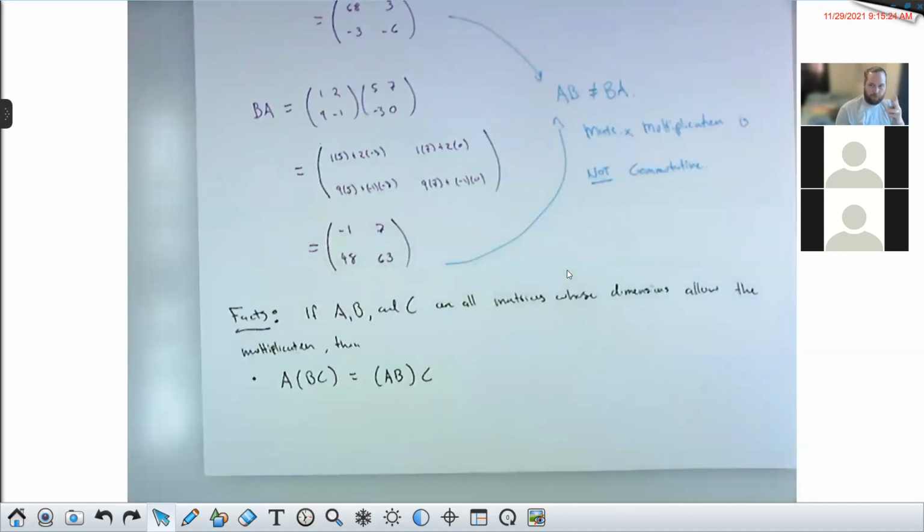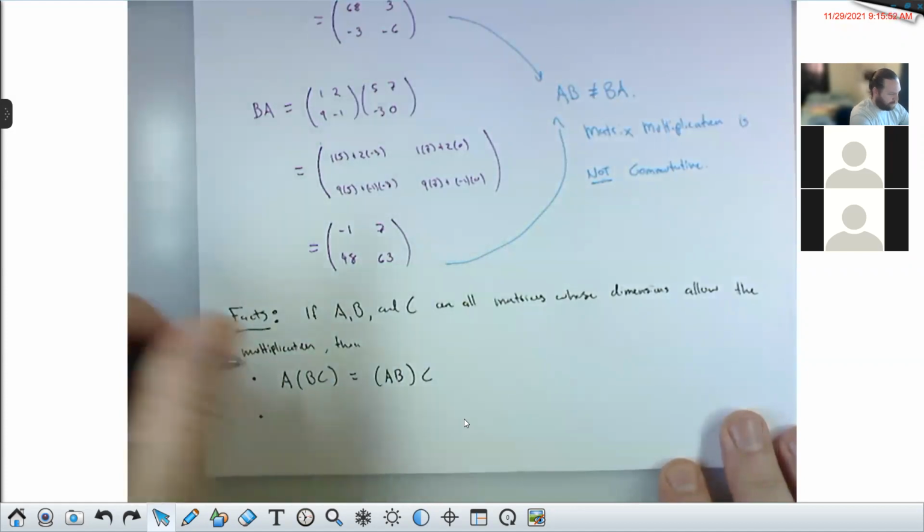So you can't flip the order over, but if you're multiplying a string of 3 matrices, you can either do the first 2, then the third, or the first times the other 2 multiplied first, right? So if I wanted to multiply A times B times C, I could do B times C, and then multiply that on the left by A. And that would be the same as if I formed A times B, and then multiplied that on the right by C.